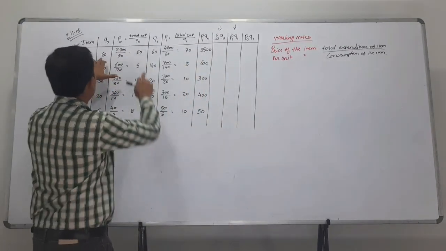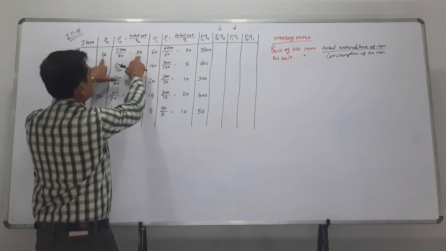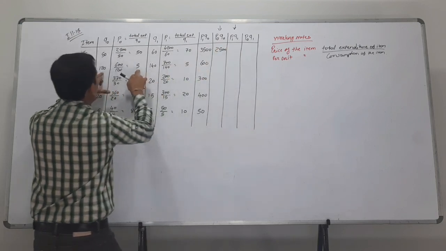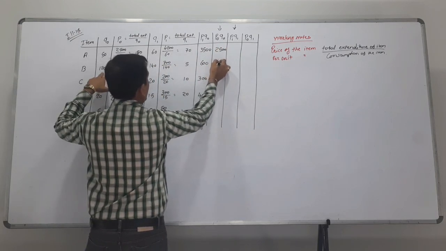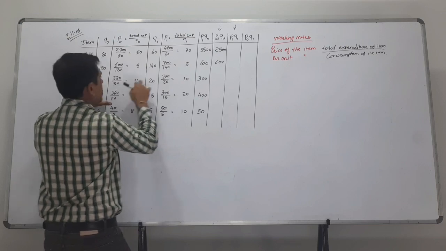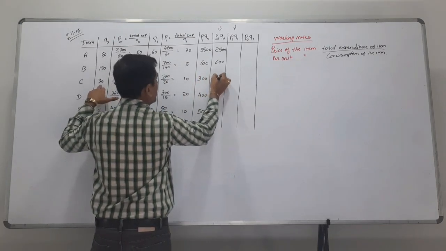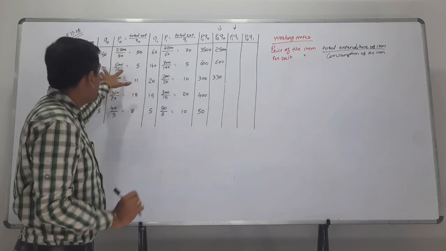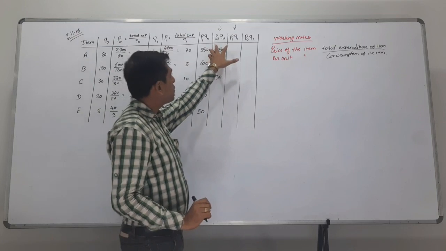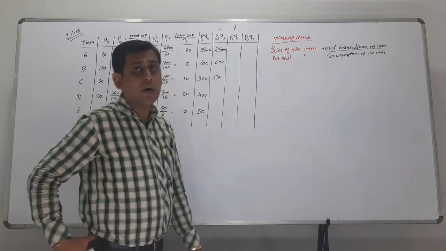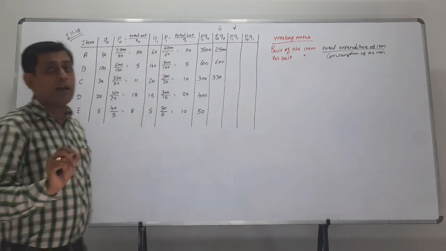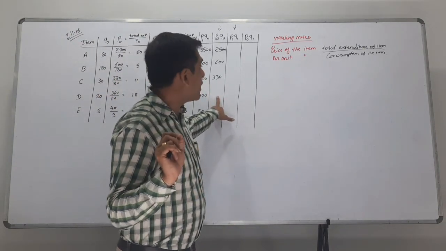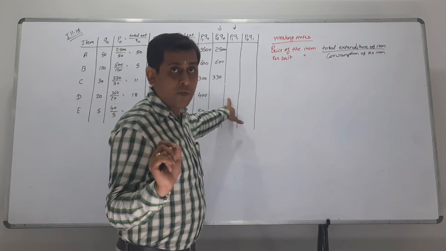The total expenditure for the base year is 2500, 600, 330, 360 and 40, right? See here, 50 into 50 is 2500. Then 20 into 5 is 600. Then 11 into 30 is 330. We don't have to multiply these again, because in the total expenditure column of the base year we have P0 Q0, and the total expenditure of the current year is P1 Q1.